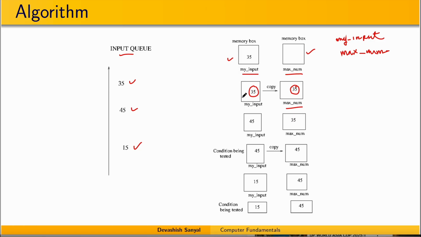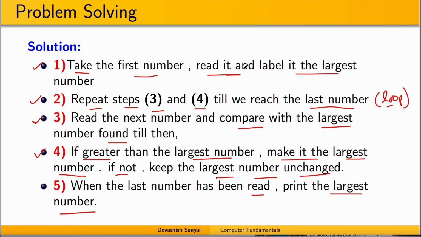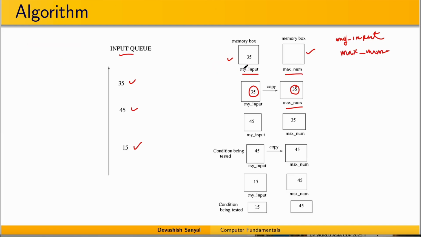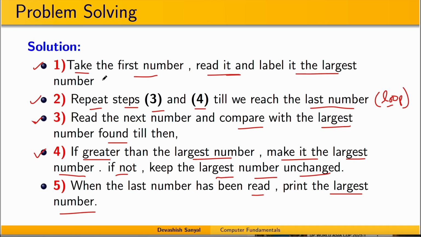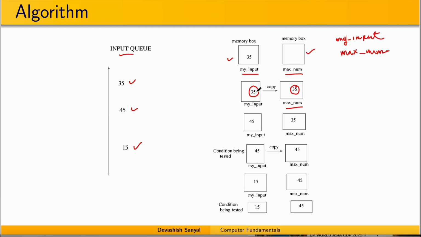So this has been copied. That was my first line in this. And now we have to enter a loop. So repeat steps 3 and 4. Now we are going to see what steps 3 and 4 are: read the next number and compare it with the largest number. So the next number is 45.